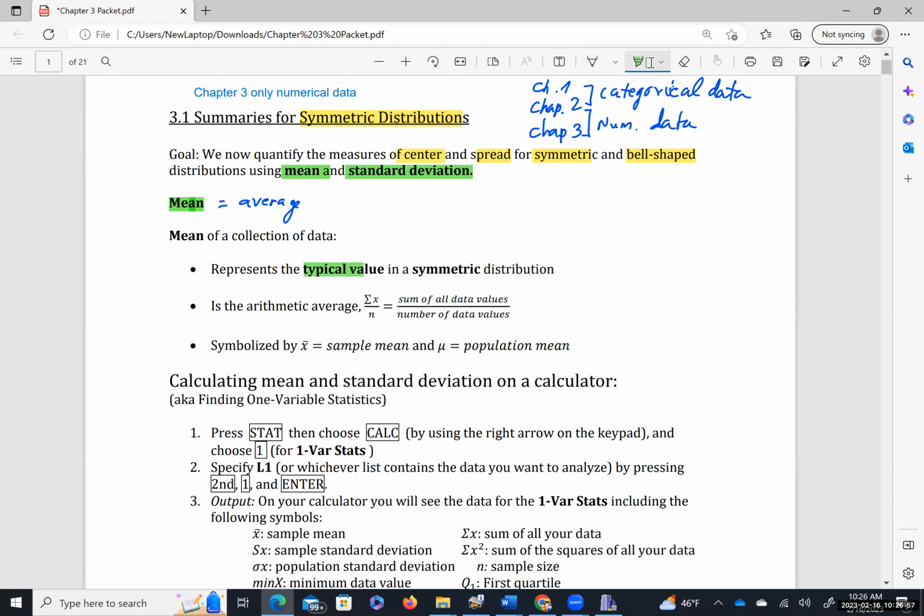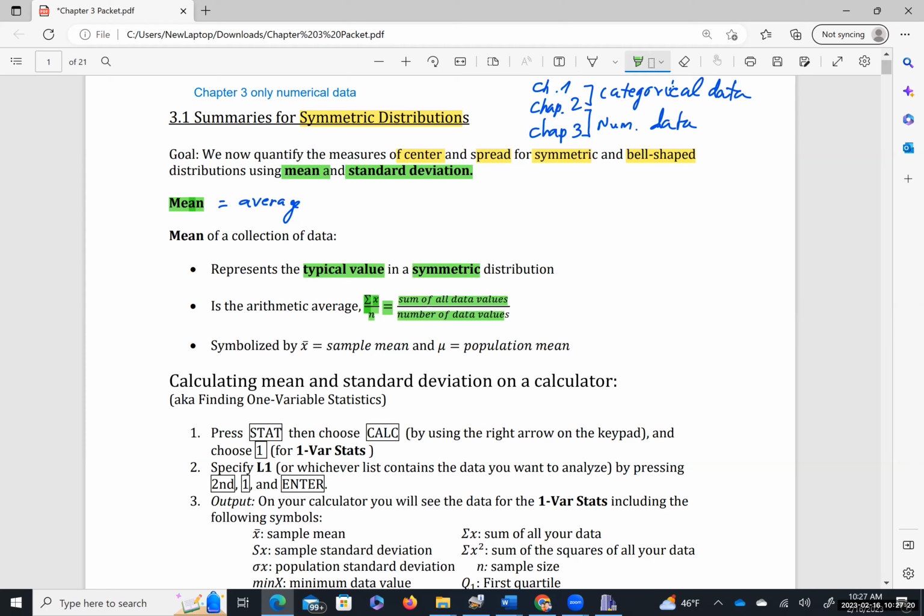The formula for finding the mean or average is the sum of all data values divided by the number of data values.